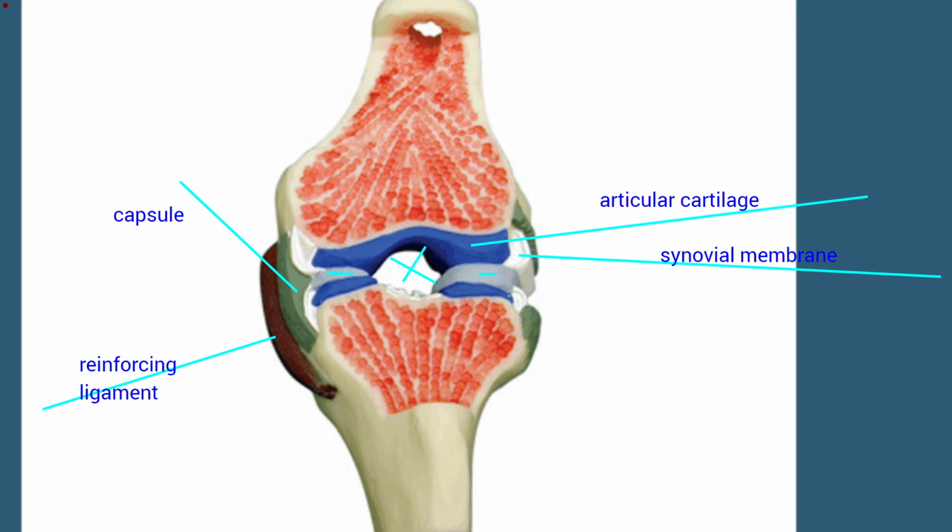Okay, and again, this is the knee joint, so you got some extra padding there because there's all your weight, and those pads are each a meniscus.